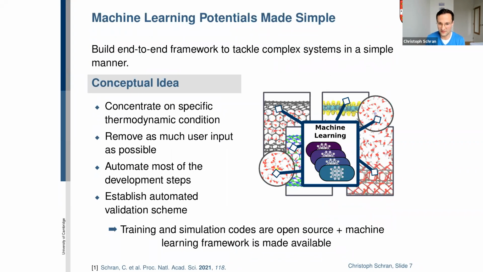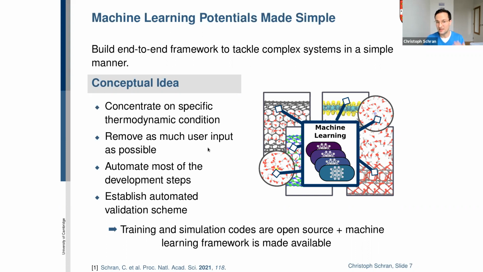So how can this now be used to generate a simple or easy framework to tackle complex systems? In our recent work, we have come up with an end-to-end framework where you would be interested in a certain system and then just generate a model that can tackle the questions you want to answer.